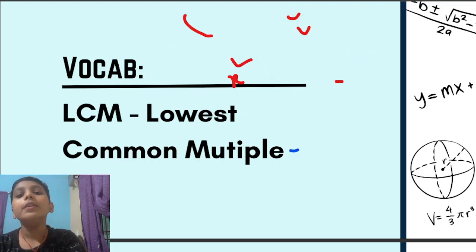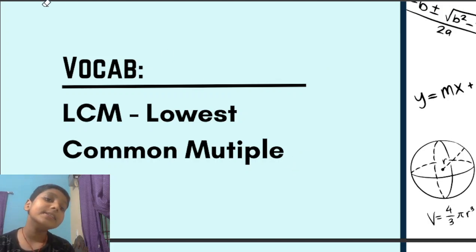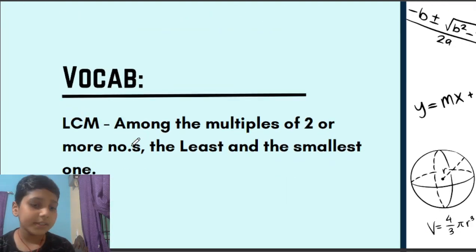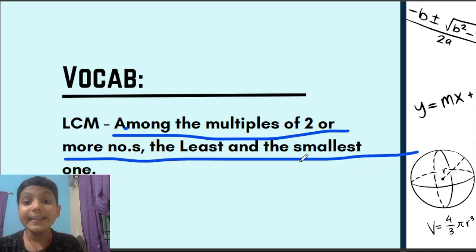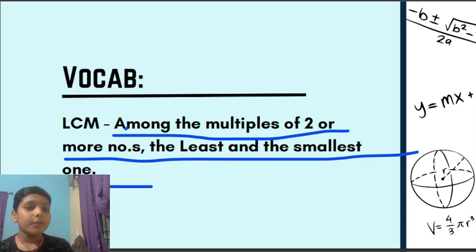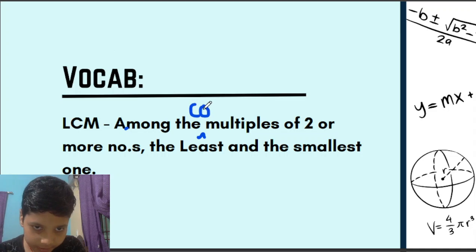Now the next thing we need to understand is the definition of LCM. Among the common multiples of two or more numbers, the least and the smallest one is going to be the LCM. Here you must write common; there is a typing error.